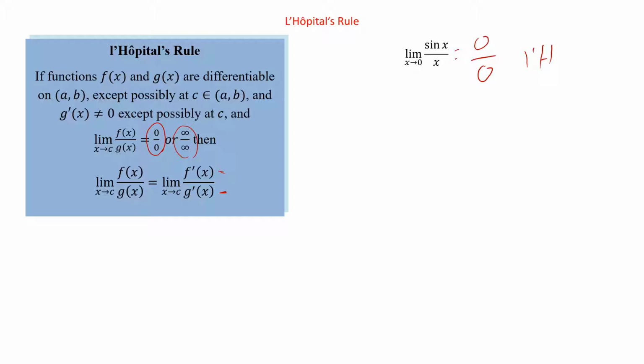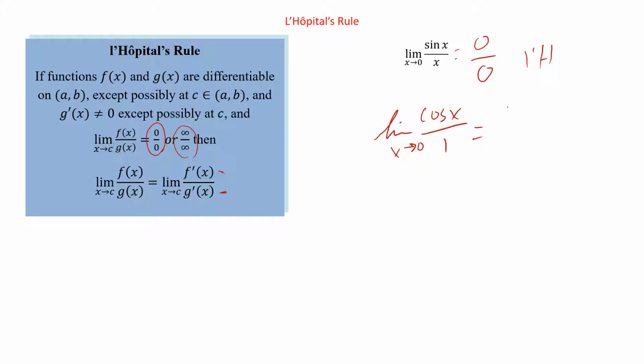So what L'Hopital's rule says is we can take the derivative of the top and the bottom separately. This is not a quotient rule problem. The derivative of sine x is cosine x. The derivative of x is 1. Then we can take the limit, the exact same limit we had, as x goes to 0. Plug it in.